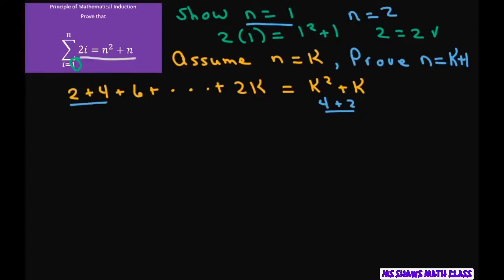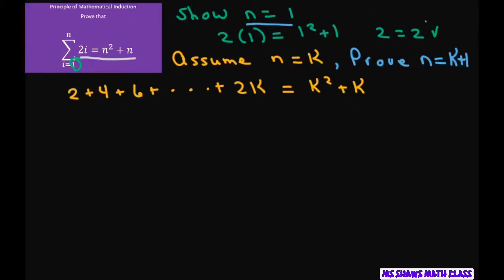If I go for n equals 3, I plug in 3, 3 squared is 9 plus 3 is 12. And if I add the first 3 terms, because n is 3, that's going to give you 12, which it does. So we're just going to prove that no matter how many numbers you put in there, it works for the next one. So I'll just erase this.